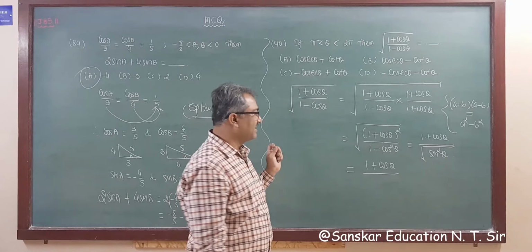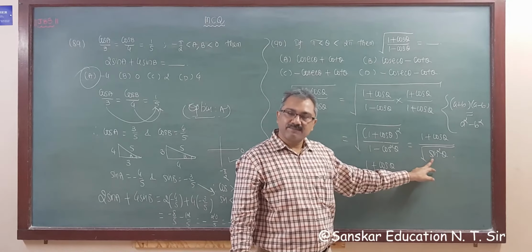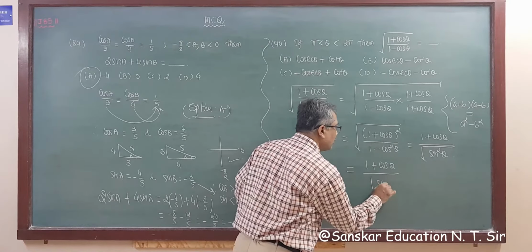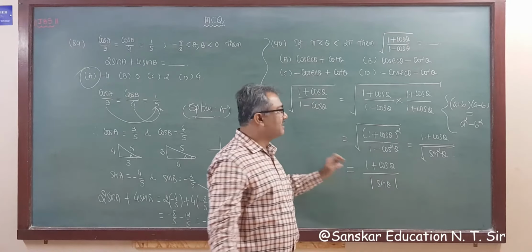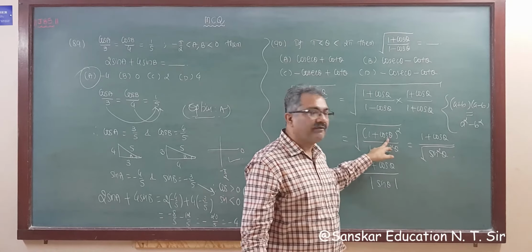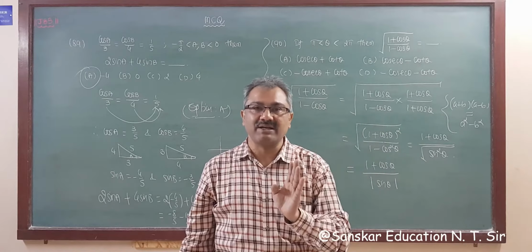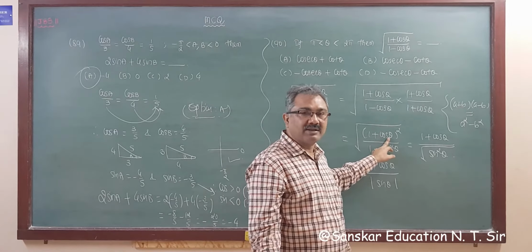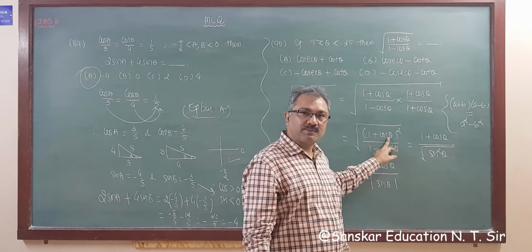Now whether the value of sin theta is positive or negative, we don't know. That's why we have to take the modulus of this, the square root of the whole square. Now the maximum value of cos is plus 1 and minimum is minus 1. If cos is minus 1, then the answer is 0. Otherwise the answer is always positive.